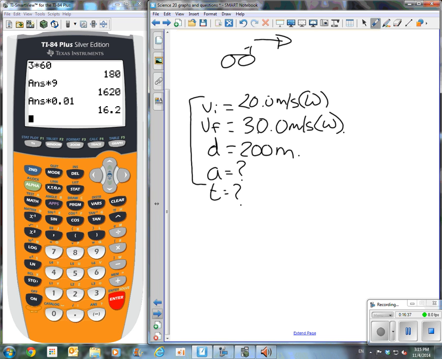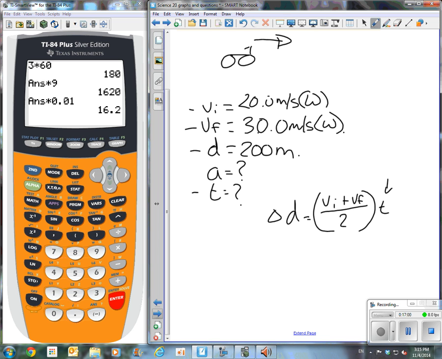Actually, I'm going to solve for t first. Sorry. So I'm looking for these variables first, and I found the formula here: delta D equals VI plus VF all over 2, times time. So I need to solve for t.